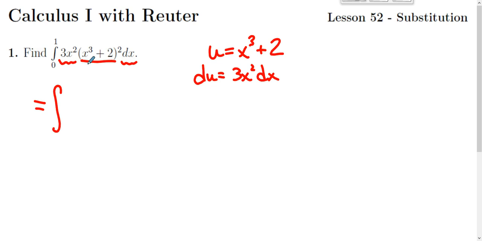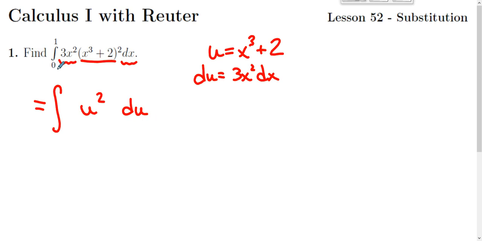So the 3x squared dx, that becomes du. The x cubed plus 2, that becomes u. There is no x anywhere over here anymore. We have replaced everything that looks like x.